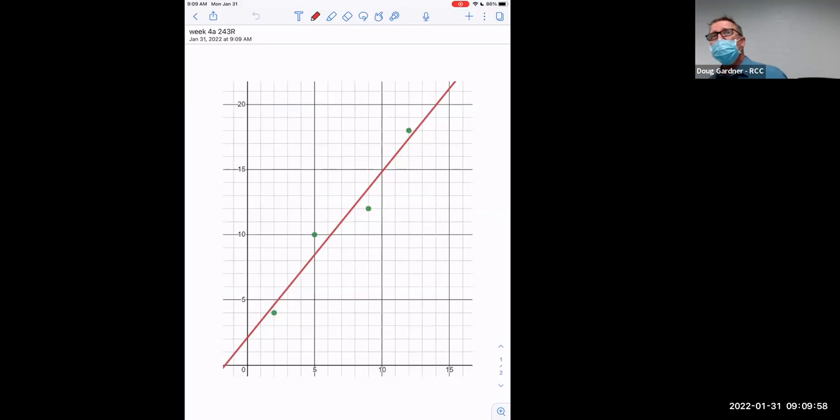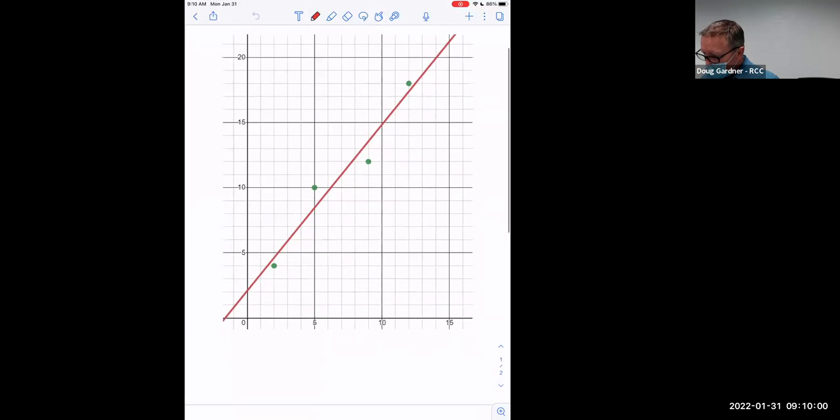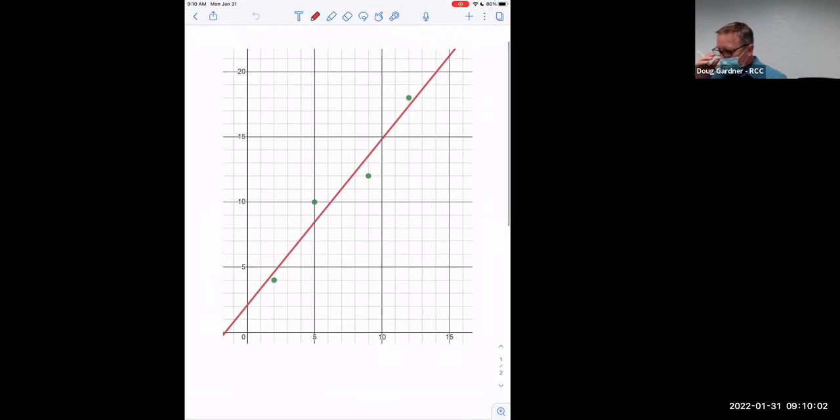Okay, so you're looking at something that looks like this. And notice there's a best fit line on it. And again, this relates to the concept of probability, because I won't take the time to make up real data for this. Notice there's 4 data points on there that are graphed, and I've drawn a best fit line through those.